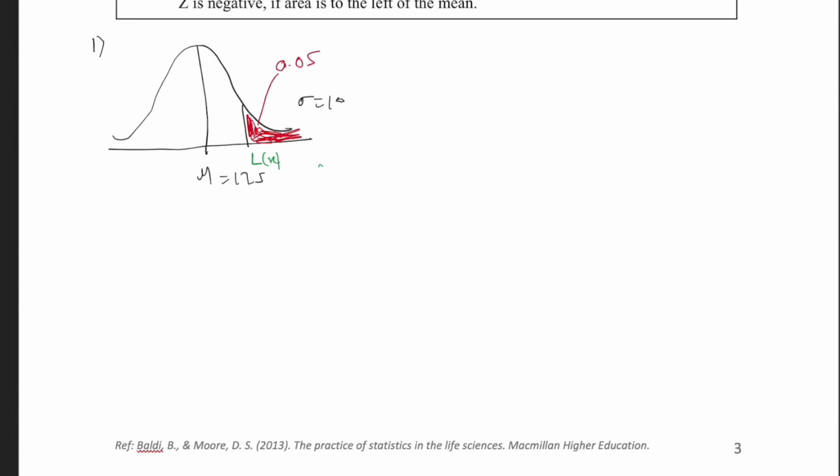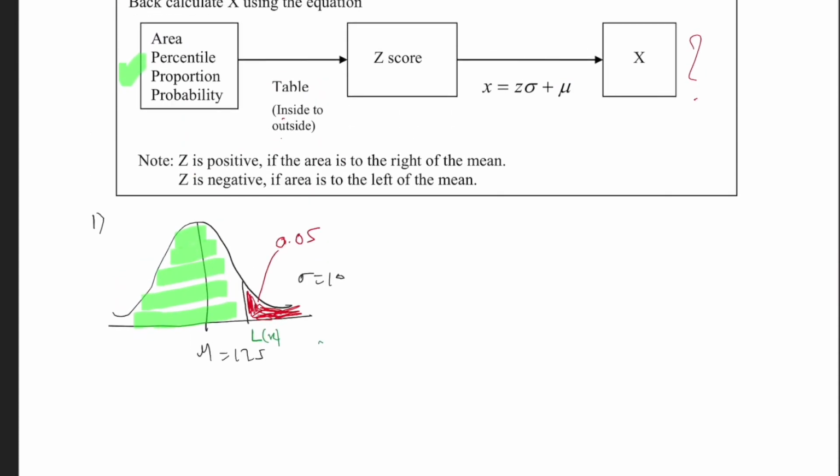Okay, so right away, based on the total area, the remaining area is 1 minus 0.05, that's nothing but 0.95. Because the z table that we are going to use always gives us the area on the left side of that particular value.